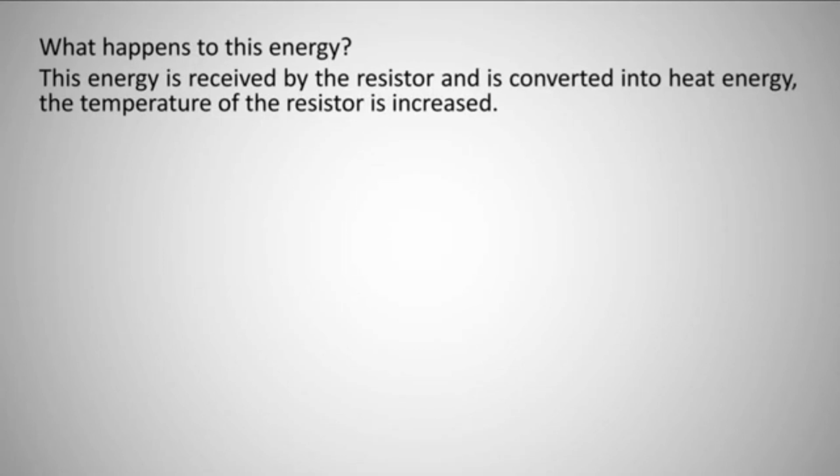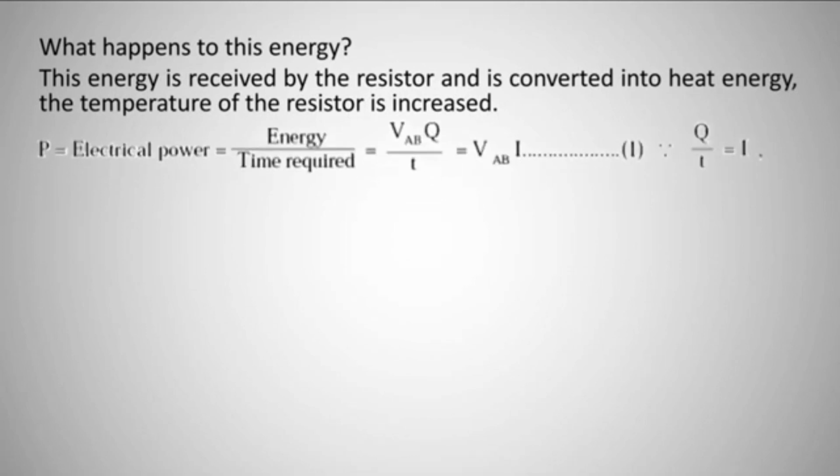The temperature of the resistor is increased. As we know, electric power P equals energy upon time, which is VAB Q upon t, which is equal to VAB into I, since Q by t equals I.